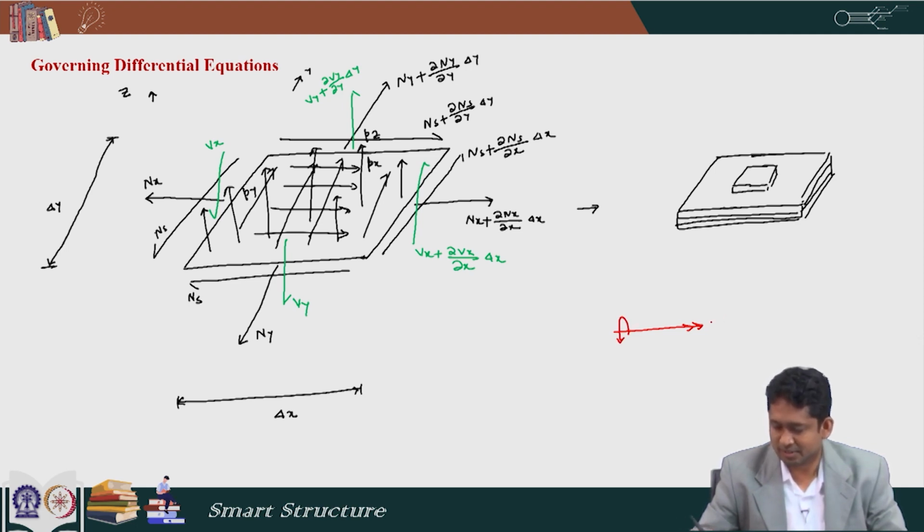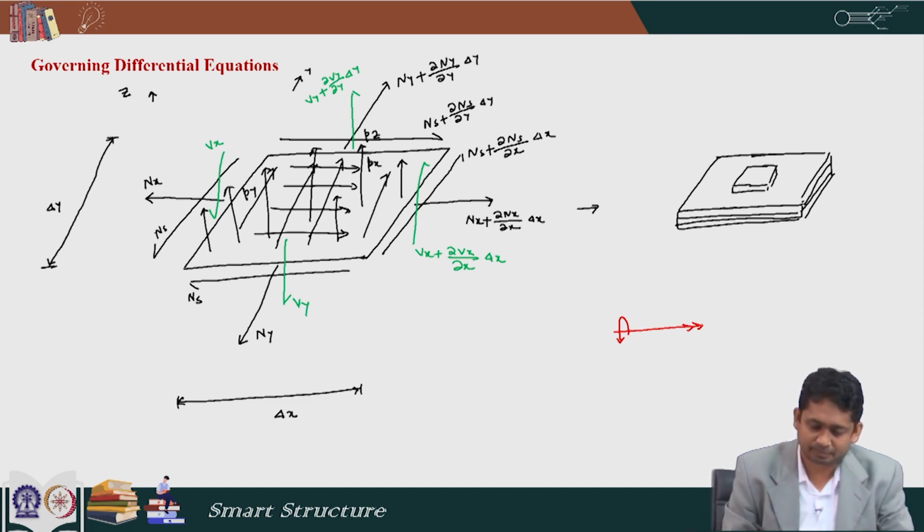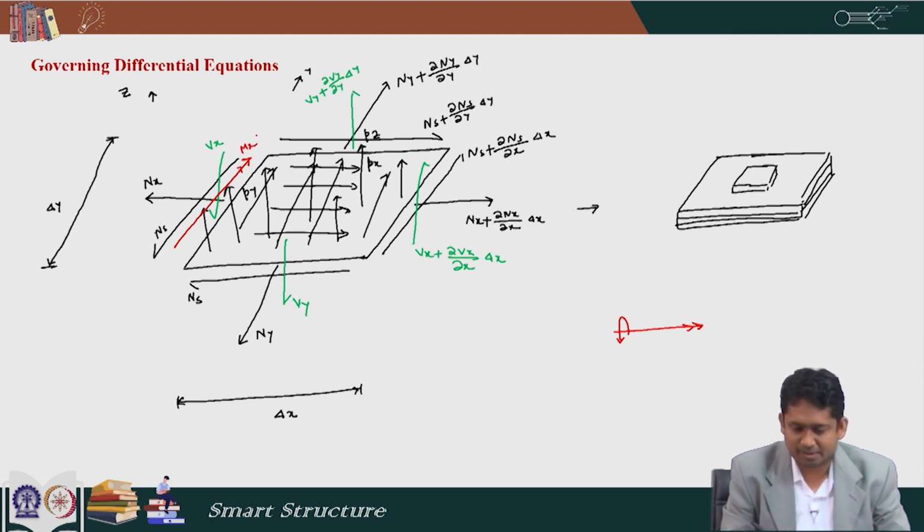If we see from this side, the moment is an anti-clockwise moment. Now, if you want to draw the bending and twisting moment for these cases, mx would look like this.